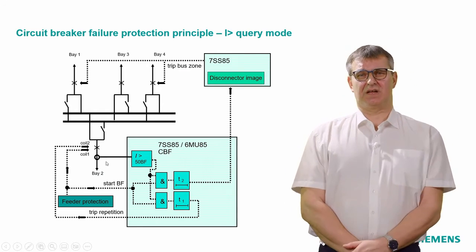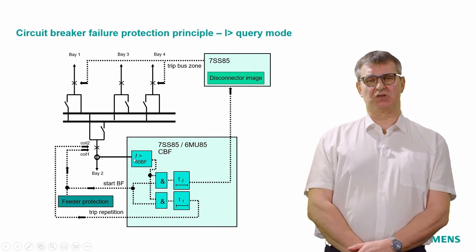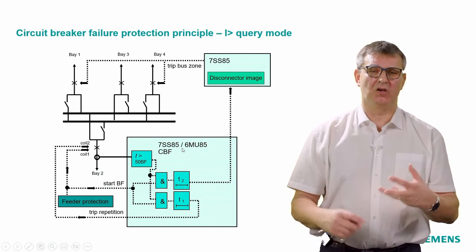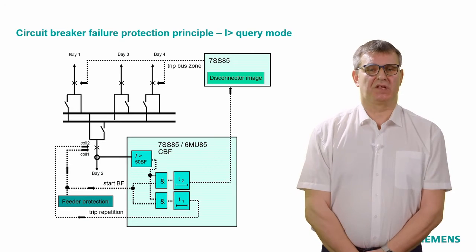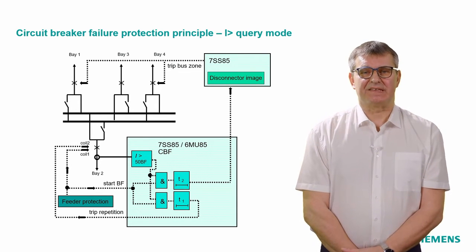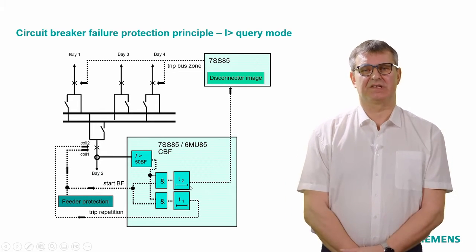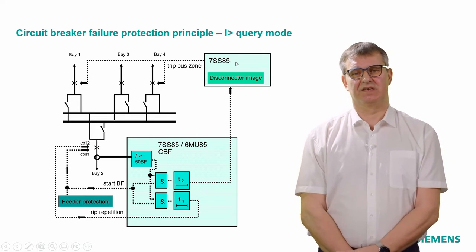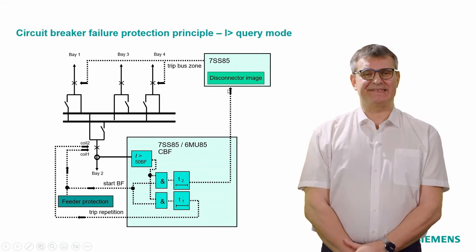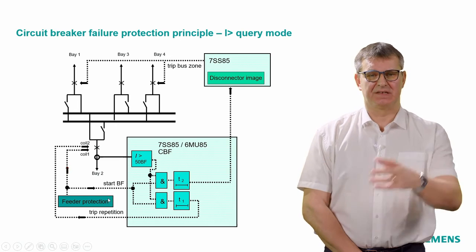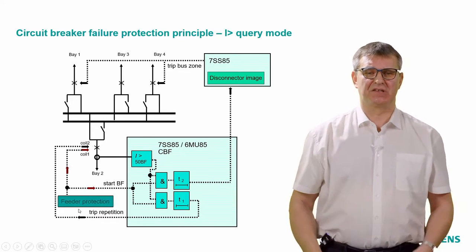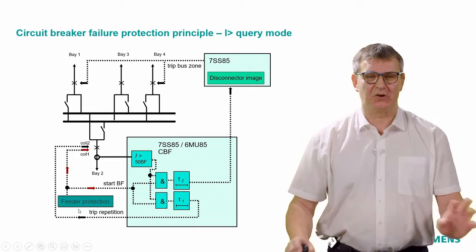It could be a function in the centralized busbar protection, or the circuit breaker failure protection in case of a distributed busbar protection could also be assigned in the merging unit or in any modular SIPROTEC 5 device. And once again, here is a 7SS85, which could be the centralized 7SS85, or the central unit of a distributed approach. And we have an external feeder protection device. This could be a SIPROTEC 5 device, a line differential protection, a distance protection, overcurrent protection, transformer protection, or anything else.